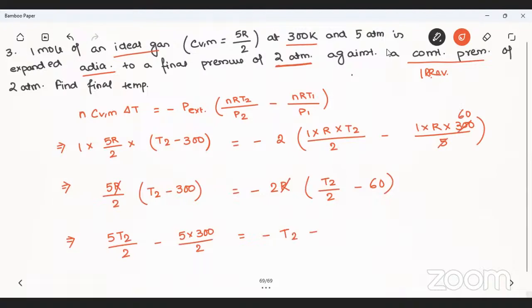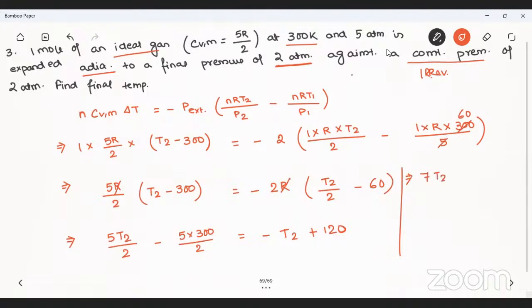T2 minus of minus, plus 120. Okay. So what will be our T2? It will be 72.